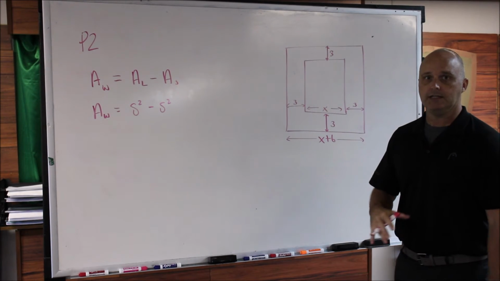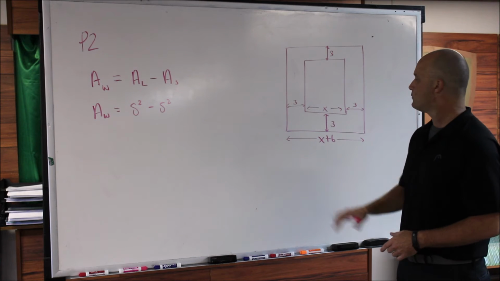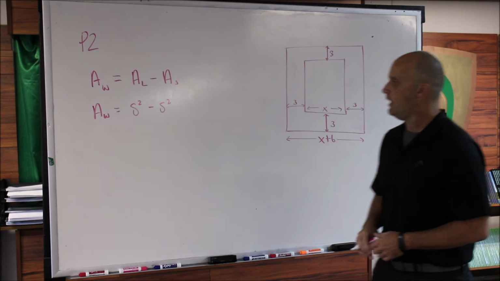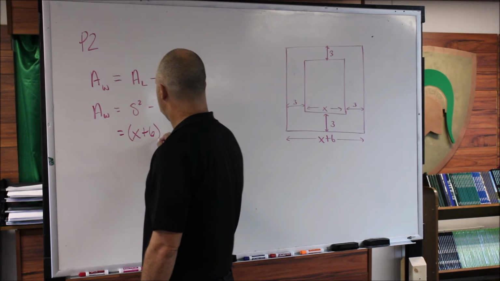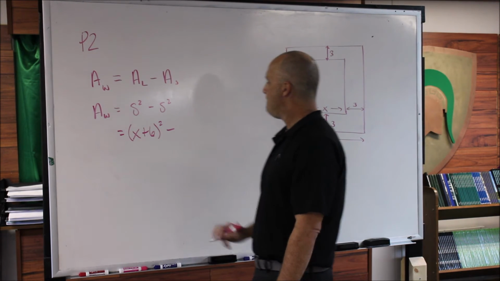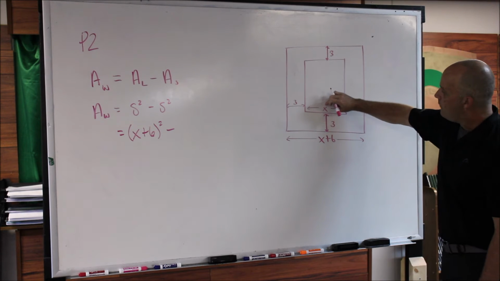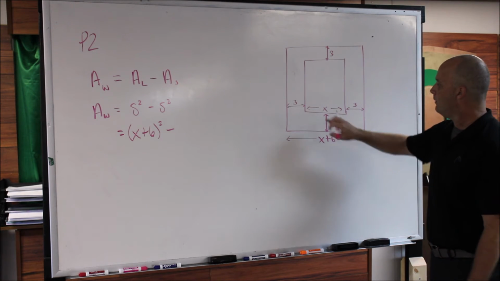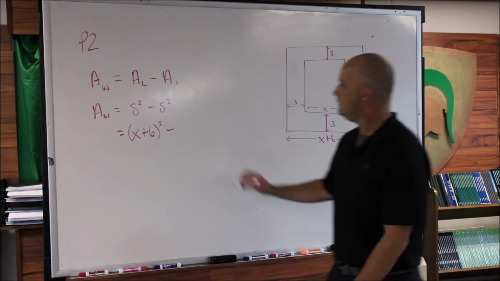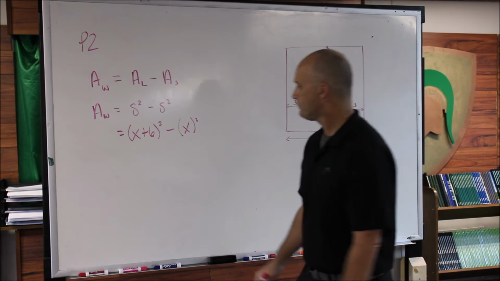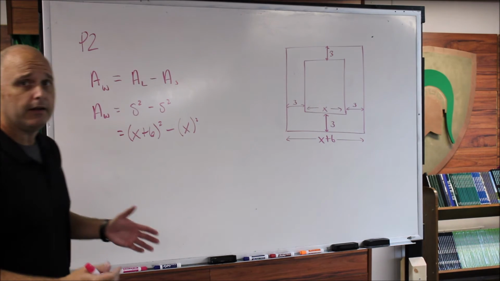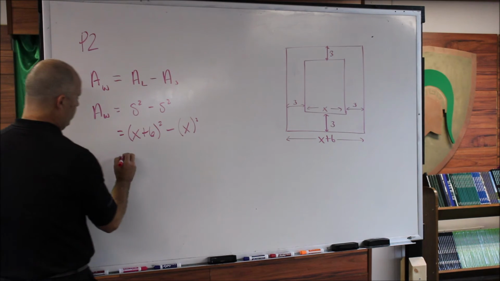Now, what is the given information that we've got for the large square? The large square is x plus 6. So we're going to plug in x plus 6 for that first S, minus, we have that the length of the side of the patio is x. So we're going to put in x, and then that gets squared. Now all we've got to do is simplify and solve.